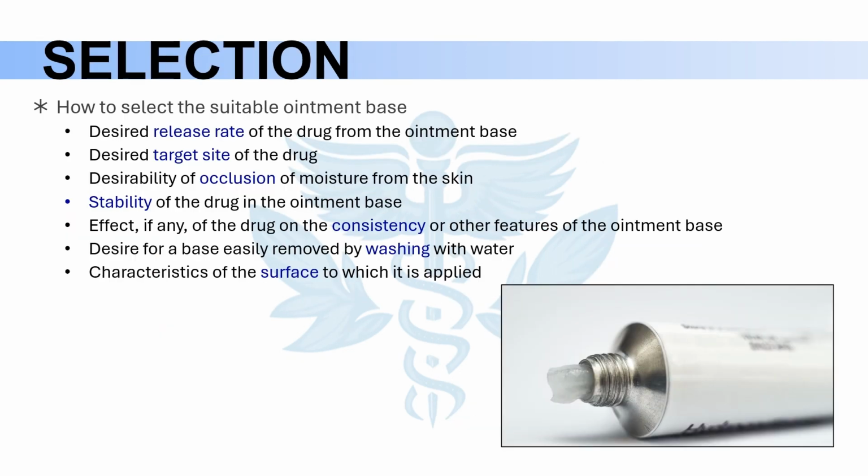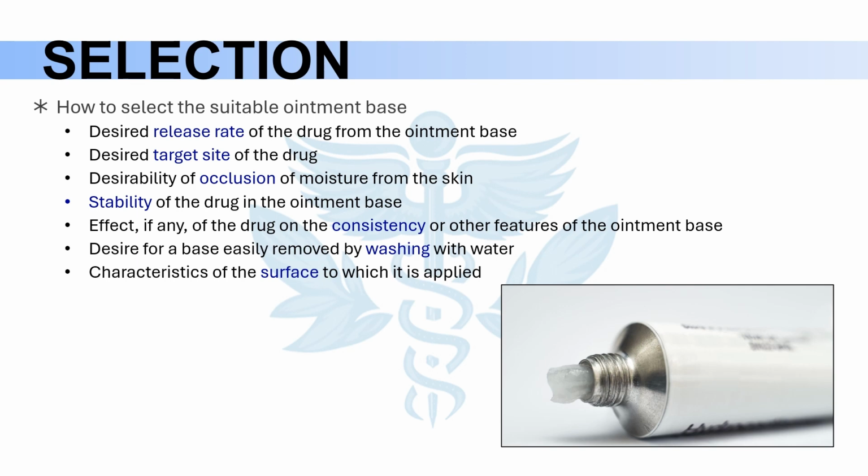Finally, how can we select a suitable ointment base? So we want to prepare an ointment, but we don't know which kind of base to prepare, whether it will be oleaginous, absorption, water-soluble, or water-removable. How can we decide?